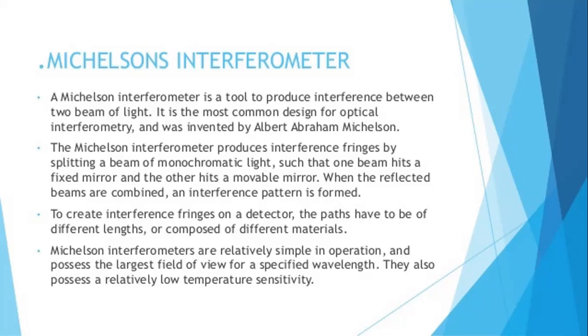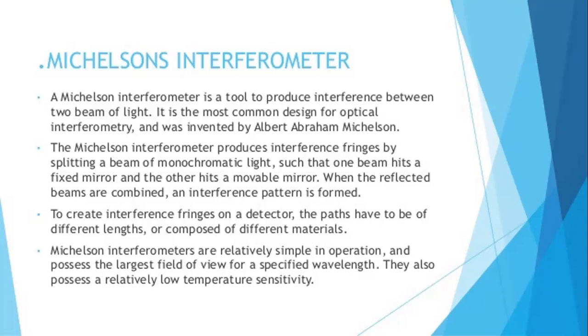To create these interference fringes on a detector, the paths have to be of different lengths or composed of different materials. So we have two different lengths, and different materials can be used.